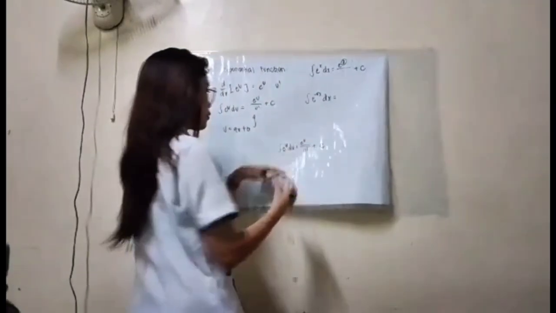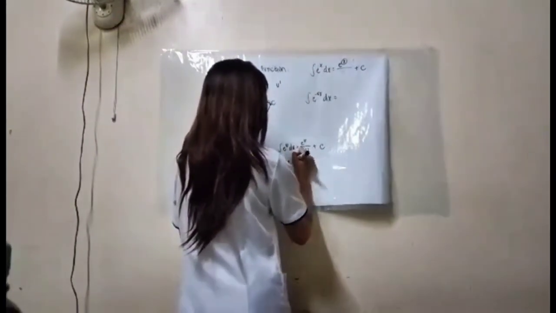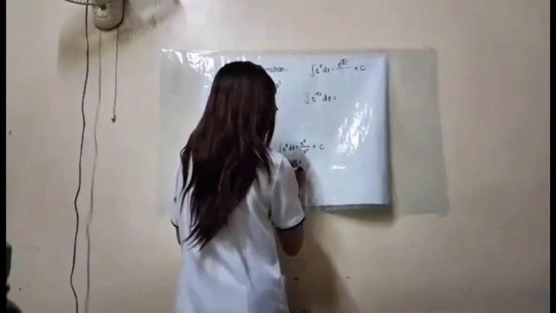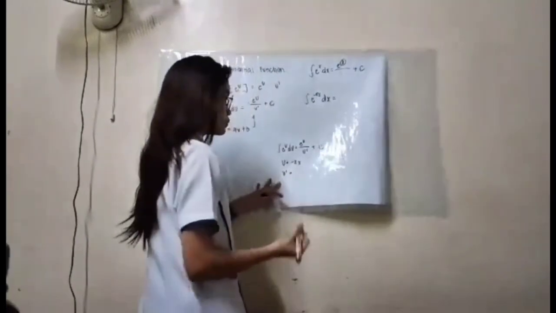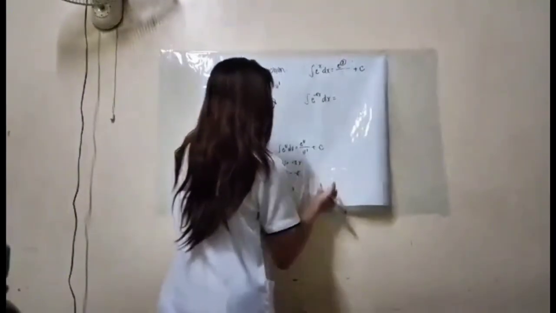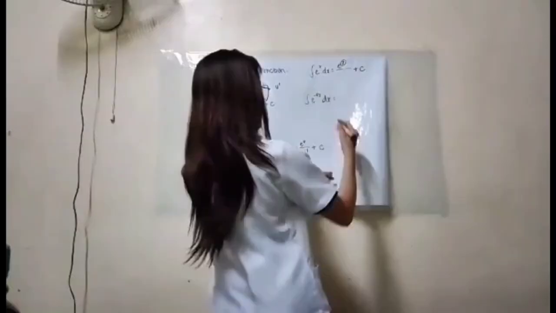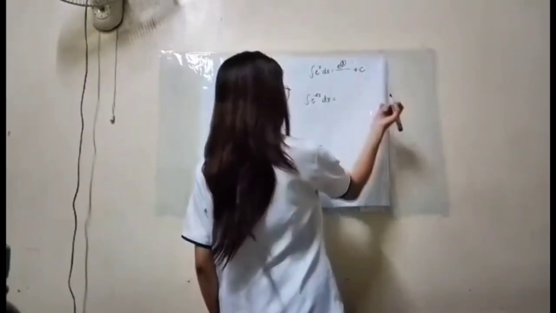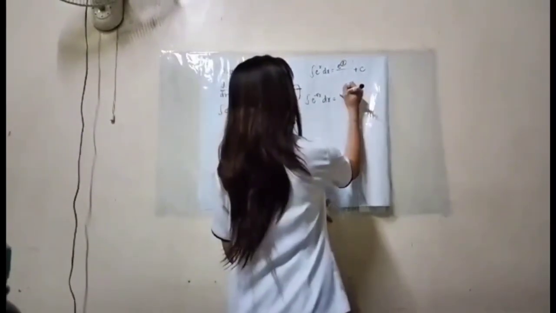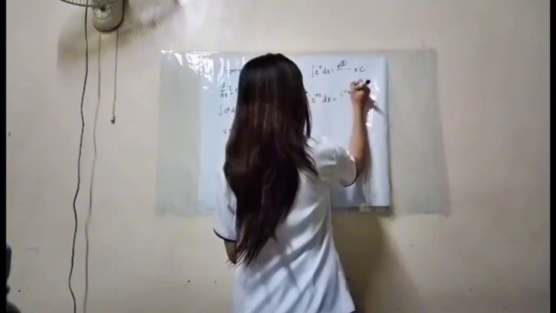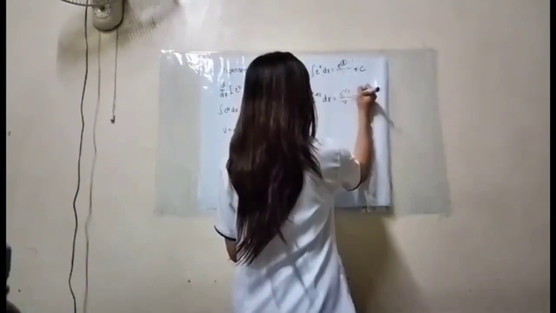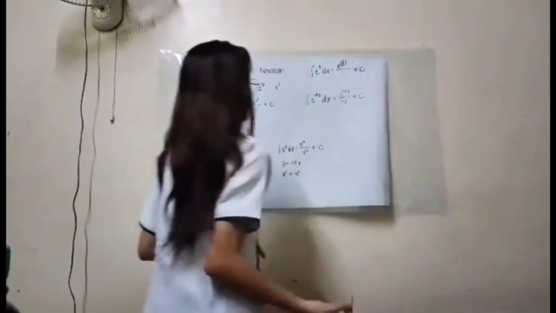Our u variable will be equal to negative 5x, and our u prime will be equal to negative 5. So it will be equal to e to the negative 5x over negative 5 plus c.